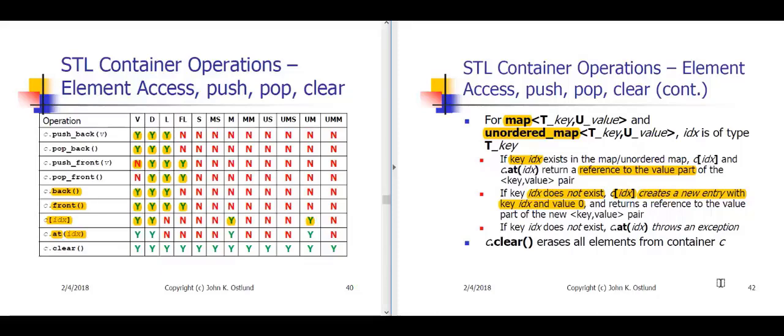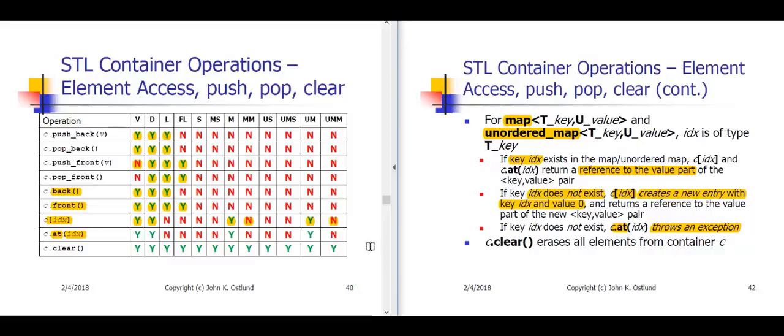As with vector and deque, if you use the at member function and you specify an index that does not match one of the existing keys in the container, this will throw an exception and crash your program. Notice that indexing or subscripting is not available for multimaps or for unordered multimaps.